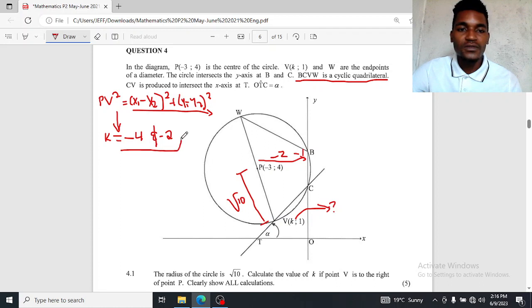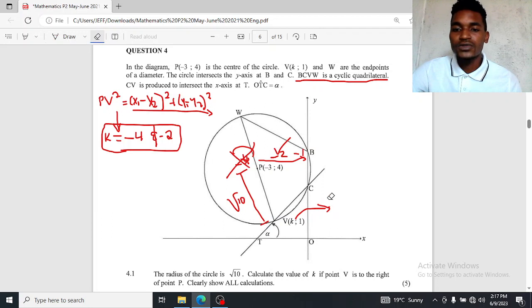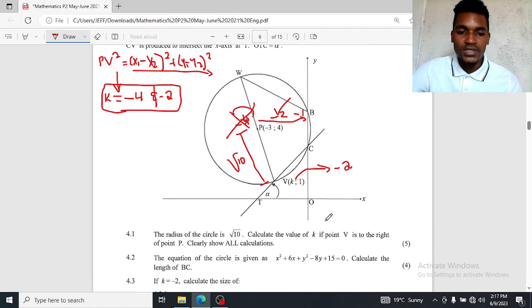So if we check the values that we have found, we see that -2 is to the right, but -4 is to the left. So we are looking for this one. So our K will be -2.